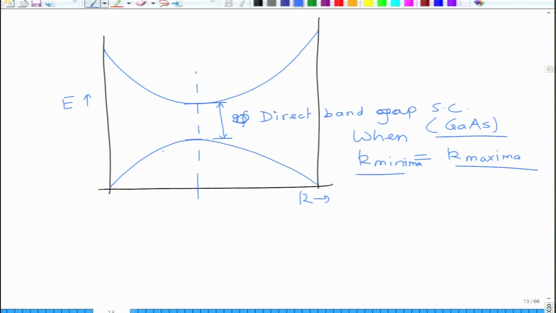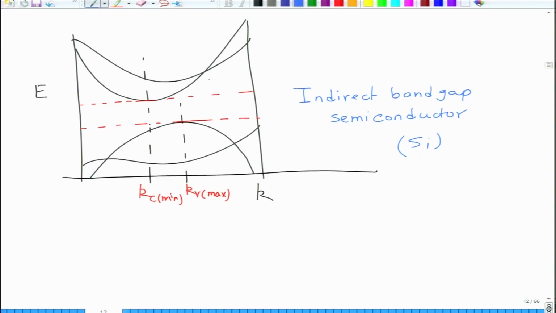Since there is no change in the K value, the absorption of light is much better in a direct band gap semiconductor as compared to something like silicon, where the K value is different. So the electron has to change its K value. When you excite an electron from the valence to the conduction band, it does not go directly; it will have to change its K value corresponding to that energy level. So you have some loss of energy here, and as a result the absorption is not very good.